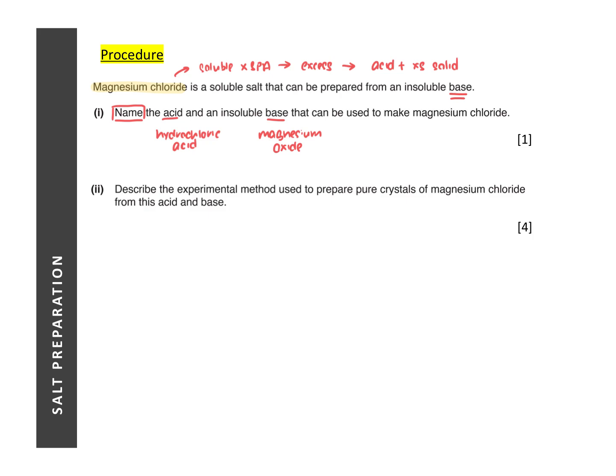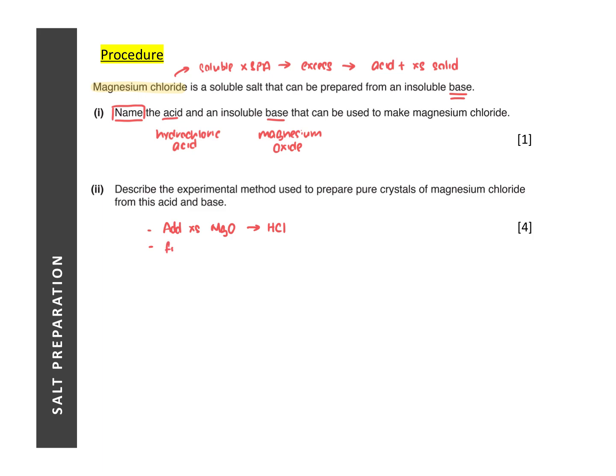For part 2, you're supposed to describe the procedure. So in the excess method, we need to add excess of your magnesium oxide to your hydrochloric acid. You can warm the mixture until no further reaction is observed, or until some magnesium oxide remains undissolved.